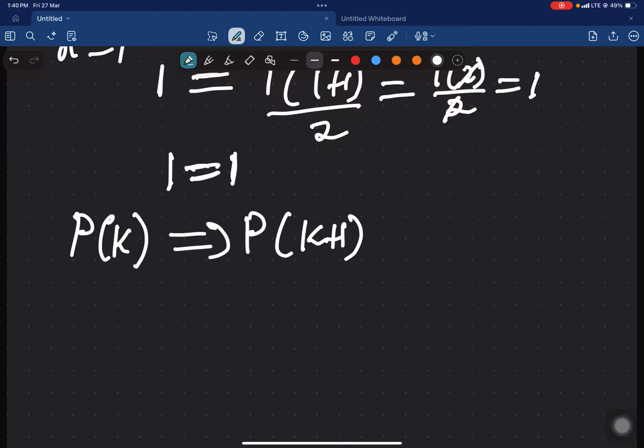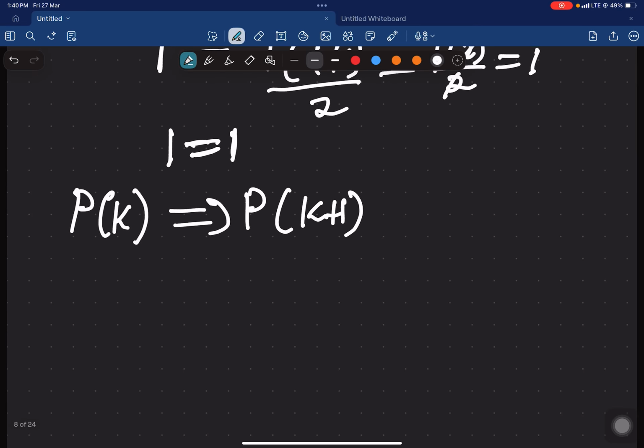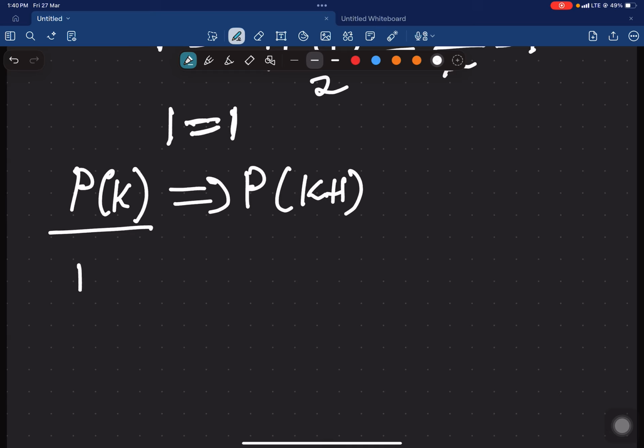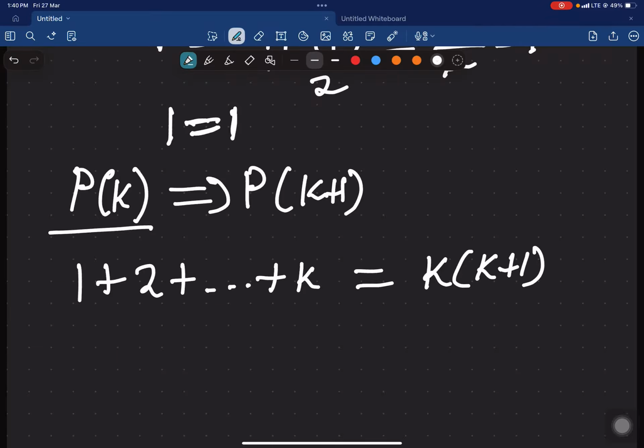This is the next thing we are going to do, and this is where the main work is. Once you are able to verify this, then the statement is true for all other positive integers. Now let's say the statement P of k means 1 plus 2 plus up to k should be equal to k into k plus 1 over 2.